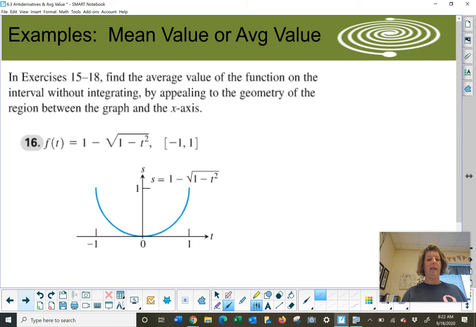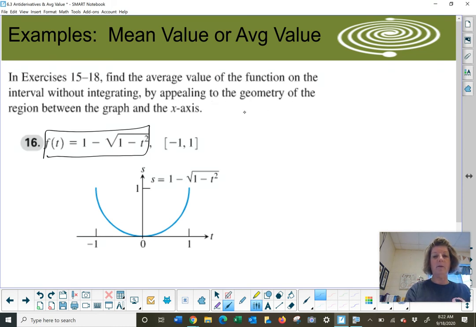This one is kind of tricky. Find the average value of the function on the interval without integrating. We want to use geometry of the region between the graph and the x-axis. So here's our function that is in blue. And then from negative 1 to 1, we want to find the average value.